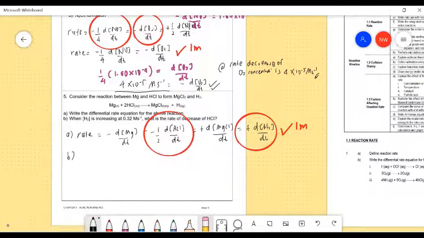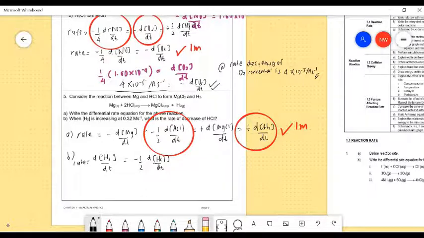So, untuk soalan B, kita tahu, tulis dahulu dia punya persamaan. dH2 over dt equal to negative 1/2 dHCl over dt.